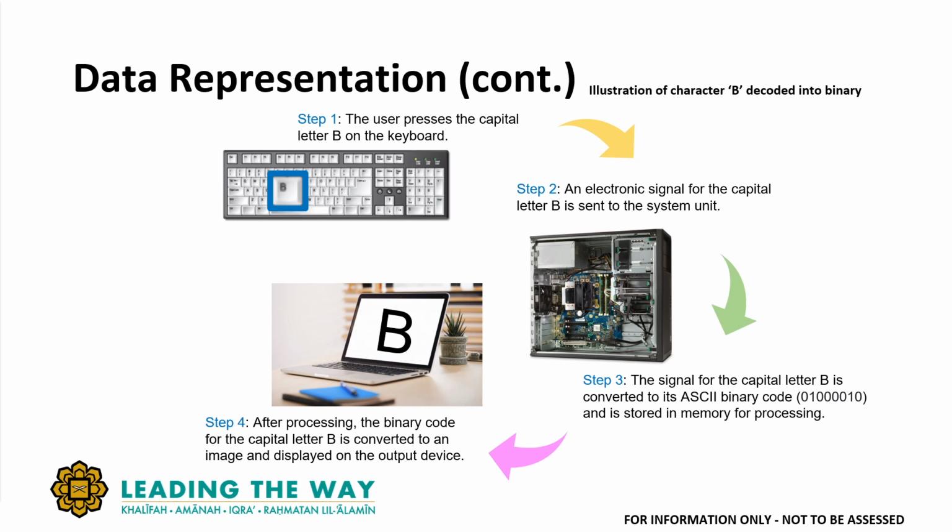Once the ASCII value is known, that value can be converted into binary. In this example, we take the letter B and show how it is converted into binary that the computer understands. Let's break down the process.